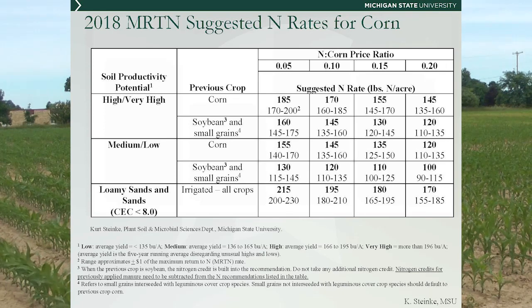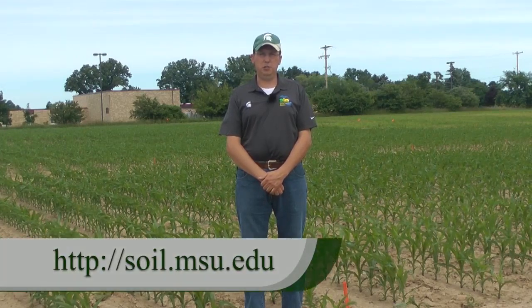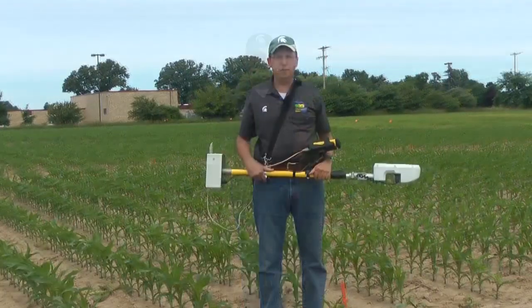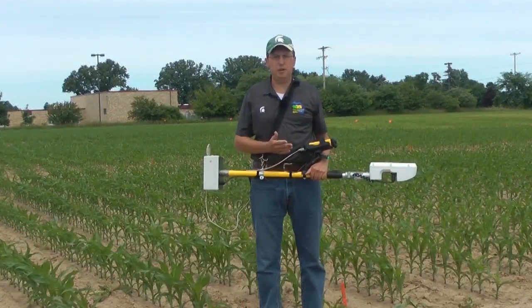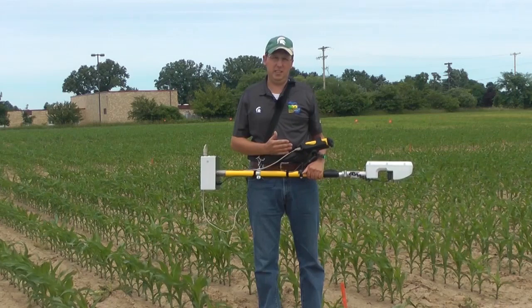The maximum return is the nitrogen rate producing the greatest return to nitrogen application. Growers are also able to fine-tune nitrogen rates within a profitable range of $1 per acre of the MRTN rate. Access to the MRTN table can be found online at our website at soil.msu.edu.